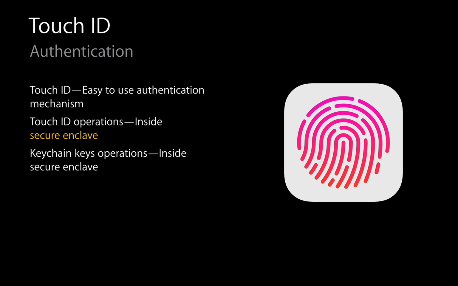And fortunately, the Keychain key operations are also running in the secure enclave. You have seen the example Wade was showing, and in the case of Touch ID, the Keychain key operations can use the policy evaluation result or the Touch ID match result and use that for authorizing the Keychain item decryption operation. So this way, the Keychain can protect your items and still use Touch ID.